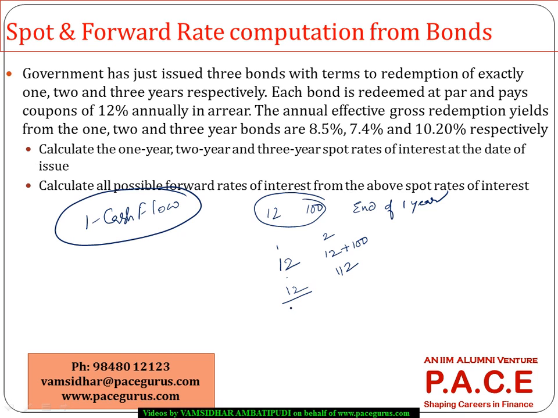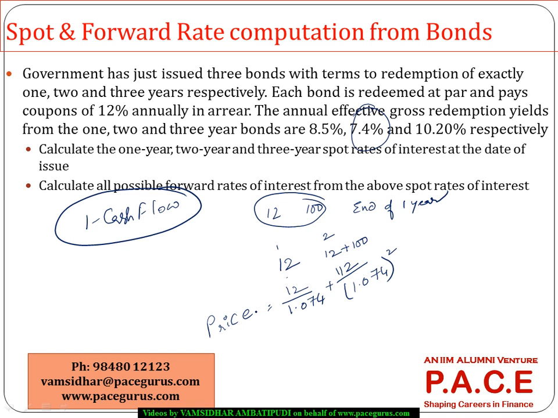So if I am discounting both of them with the gross redemption yield, I am discounting this by 1.074, and this I should discount by 1.074 squared. And this is what will give me the price of this 2-year coupon bond.